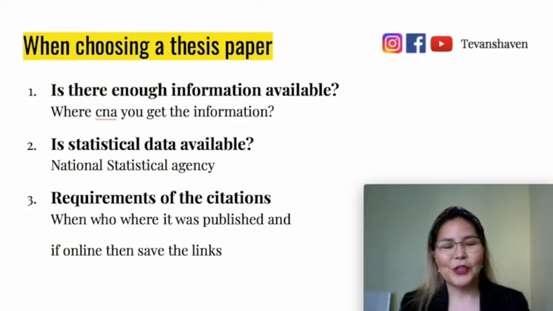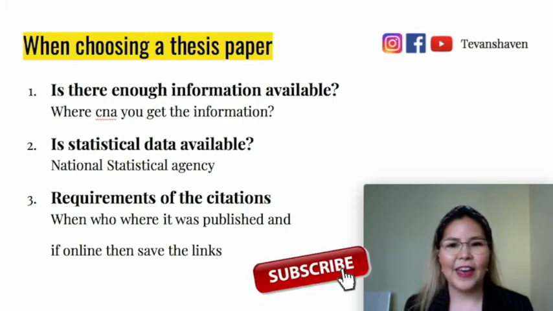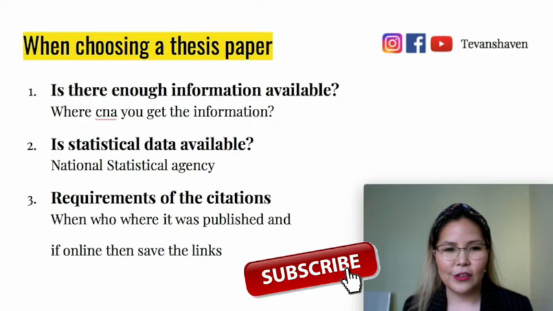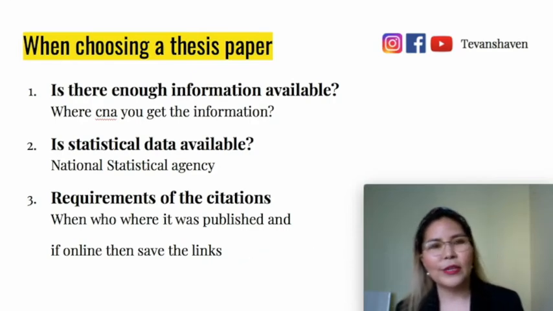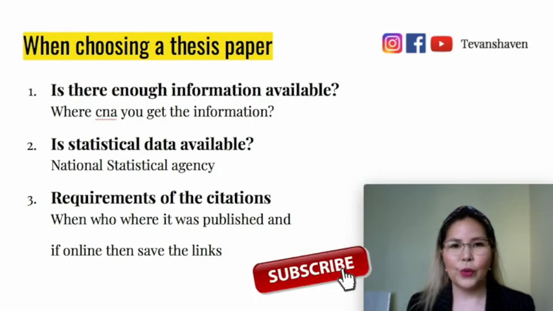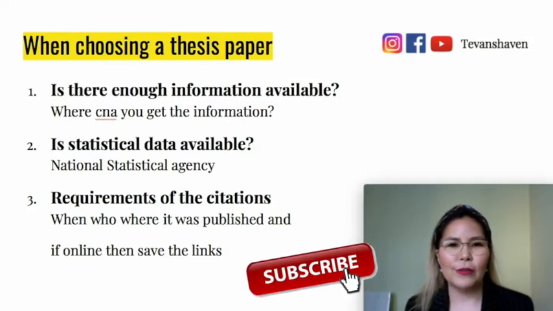So when choosing a thesis topic, as I just mentioned, is there enough information available, is there enough statistical data available, and what are the requirements for the citations? On credible resources such as the National Statistical Agency, you need to get the correct information, but on other sites or when you're doing online research, you want to make sure that this is credible information that you're going to reference in your paper.